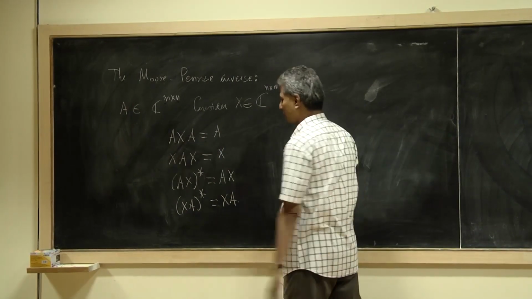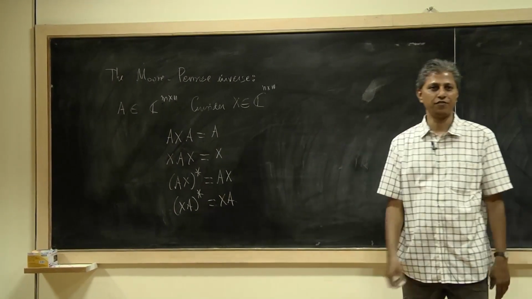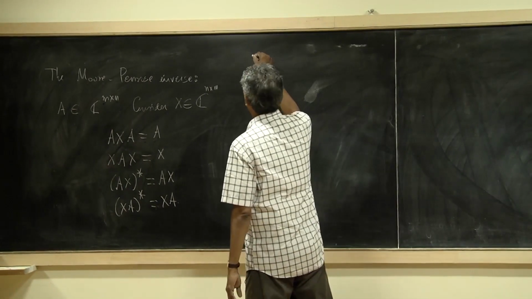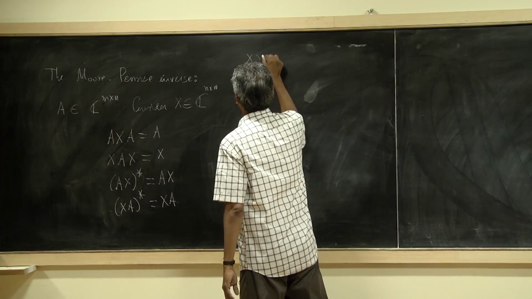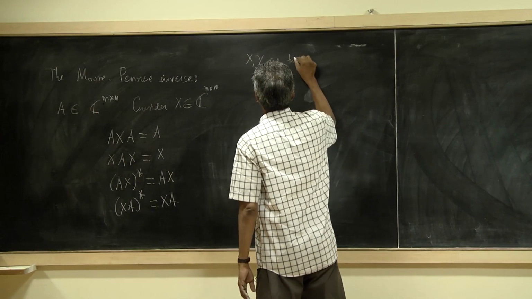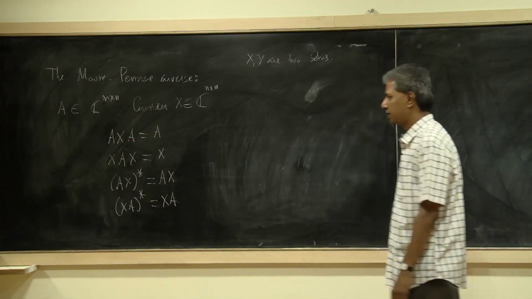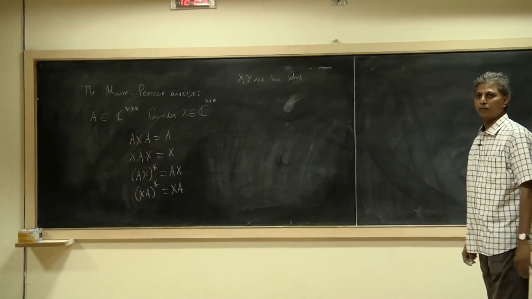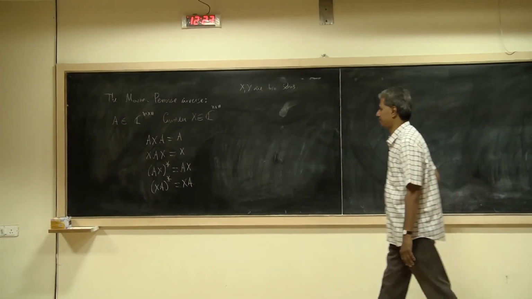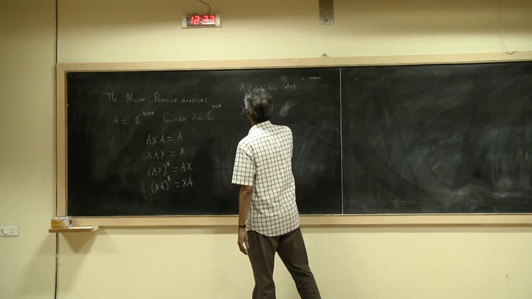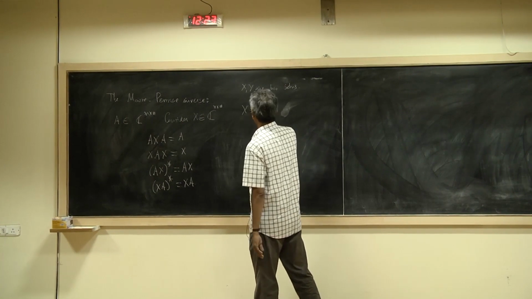So how do you prove uniqueness? Uniqueness is proved if, starting with two solutions, let's say X and Y are two solutions, you show that X is equal to Y. That will prove uniqueness, but there is a more basic question of existence. I will come to that. So let's say there are two solutions, then this is how you do it. X is equal to XAX.